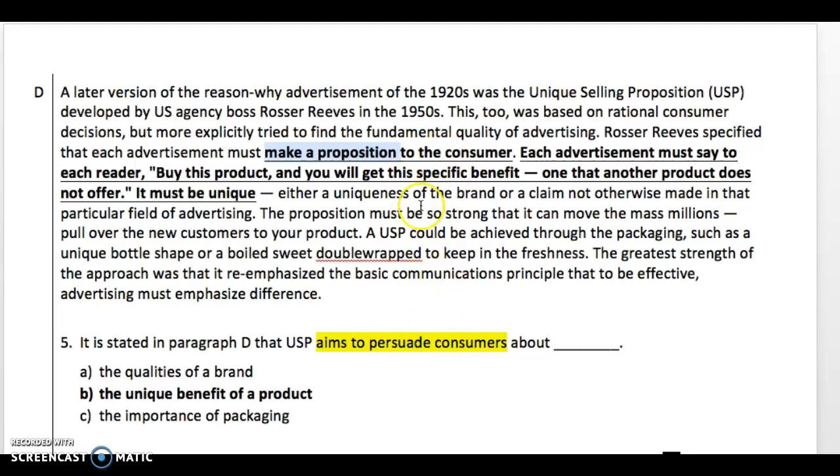Therefore, now we fit the question into the text, and we can understand that the answer is around here. And as you see, the unique benefit of the product is here.